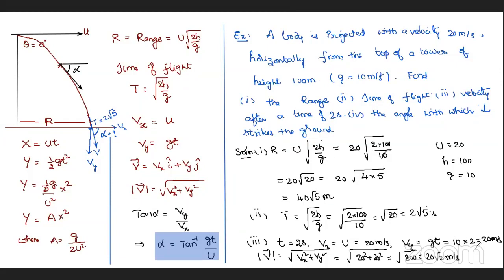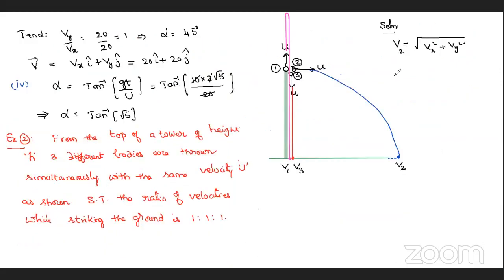So this is root of vx square, that is u square, plus vy, gt whole square, that is equals to root of u square plus g square into t square, that is root of 2h by g whole square.